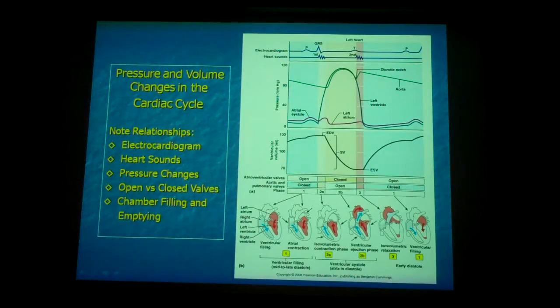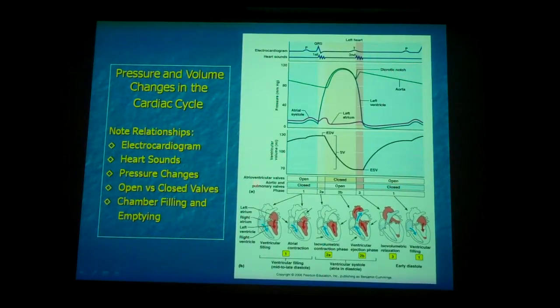This part of it right here, we're dealing with pressure changes in the ventricle and in the systemic circuit. Down here, we're talking about volume changes within the ventricle, during one cardiac cycle or one heartbeat.